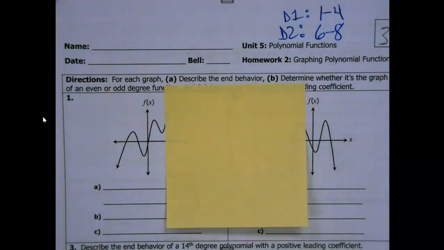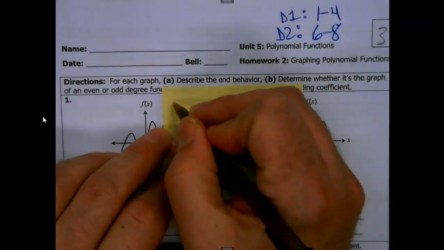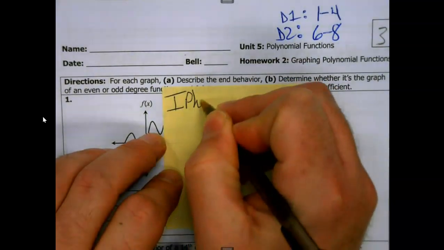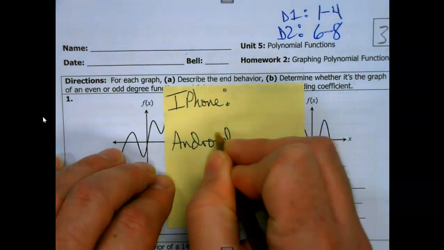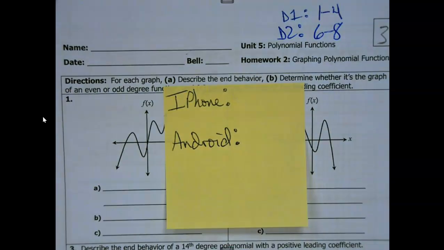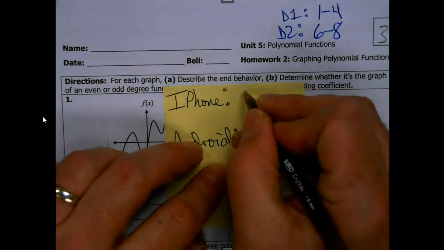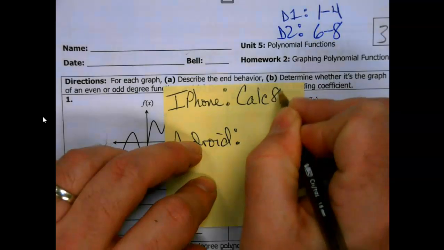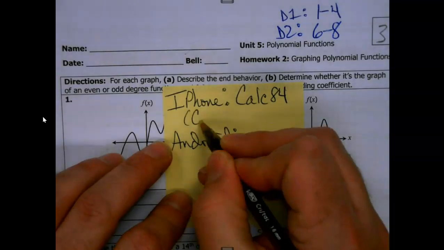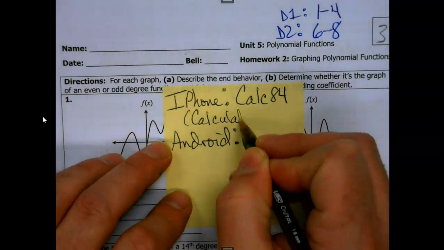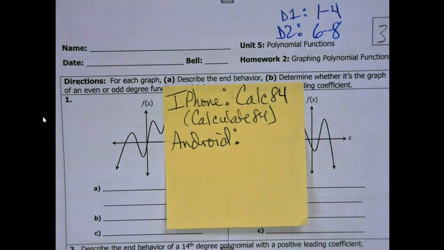Part number 2, you cannot take my calculators out of class. So I'm going to remind you again. If you need a calculator app that will work, that has the same button presses that we did in here, the one for iPhone has changed slightly. I've been told, and I looked myself, Calculate 84 is still an option, but it has ads and stuff on it now, and if you want to do Zoom, it's telling you need a premium membership.